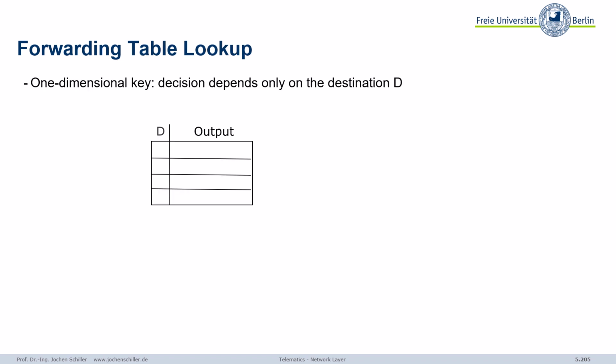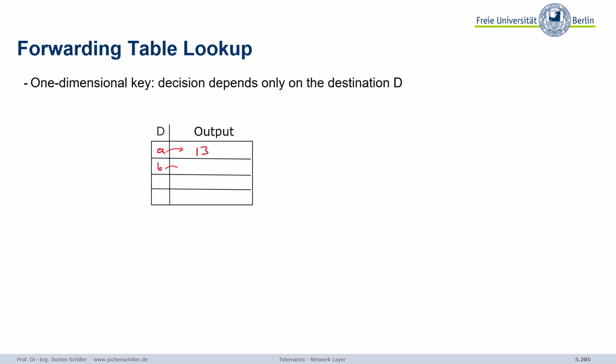Describing our forwarding table in a very simple way, it's a very simple key: you have a destination address. So if the destination address is A, then the output is port 13, for example.